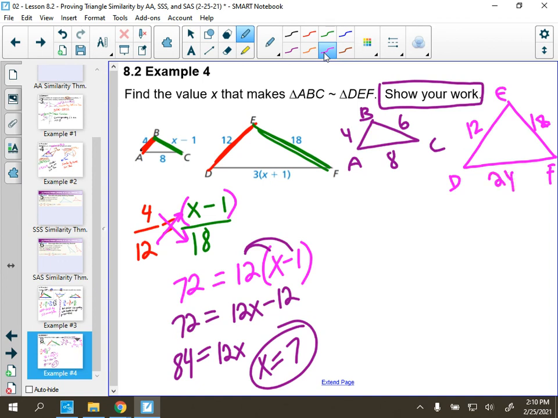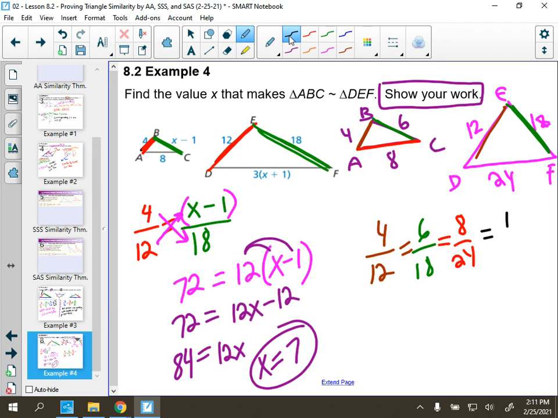Are all these the same? Let's see. 4 over 12 is the same thing as 6 over 18, which, hopefully, if we've done everything we're supposed to do, and AC, 8 over 24, those all simplify to 1 to 3.